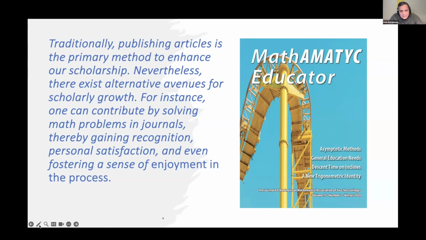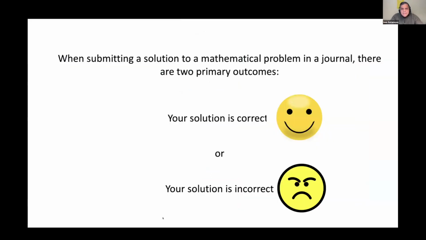Okay, so now let me go sort of straight to the point and show how basically this works based on my own experience. When you submit a solution to a math problem in a journal, there are two primary outcomes. Your solution is correct or your solution is incorrect. This is the best outcome that we all expect, right?